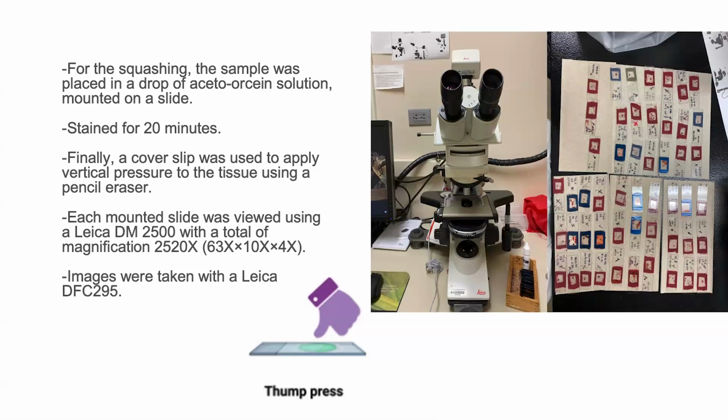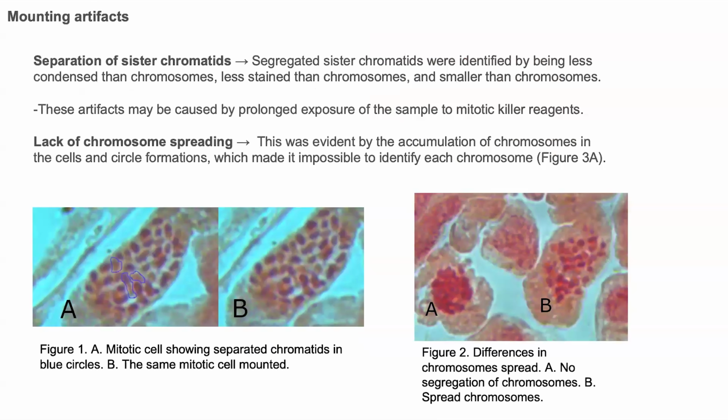After that, we just look in the microscope. After a lot of samples, we found that of course we have difficulties in the process. For example, the squash process is physical, so we need to have practice to be able to get a good spread. In some cases, we found that the sister chromatids separated, so they look like two chromosomes, but they're actually sister chromatids. Another problem was the lack of chromosome spread, as you can see in figure 2A.